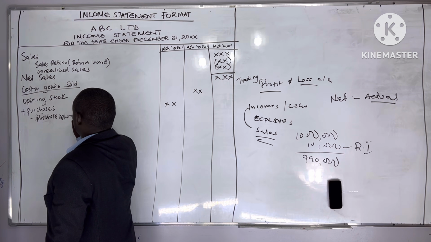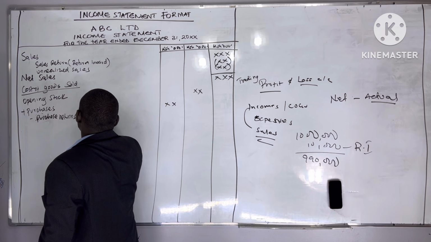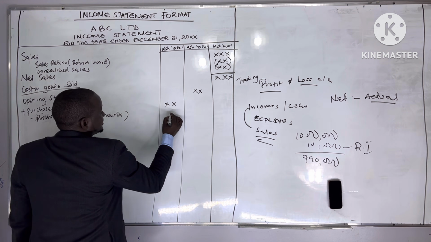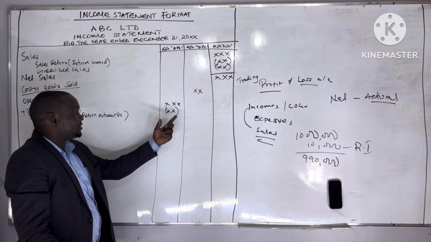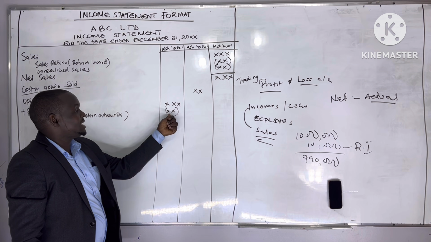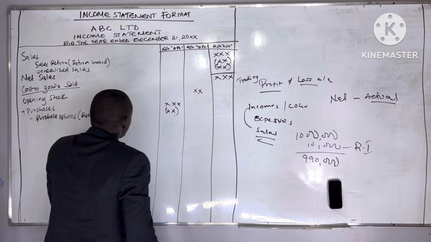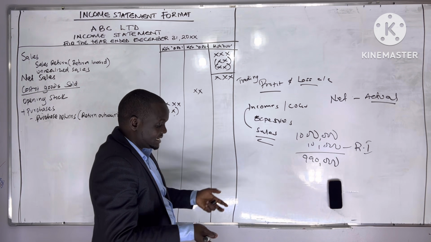We minus what was returned, which is purchase returns, or what we can also call return outwards. So I will minus this. Purchases is normally a big figure, so I write it in 3 x's. 2 x's will mean a smaller figure. This is a big one. So I minus what was actually returned.